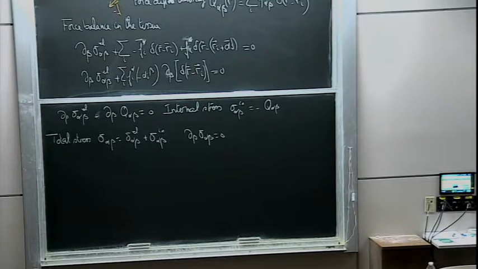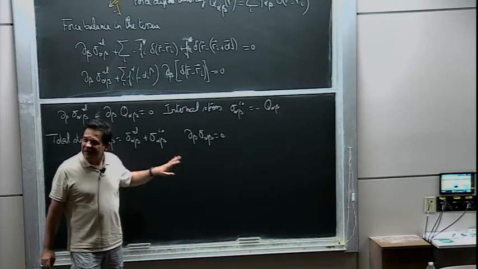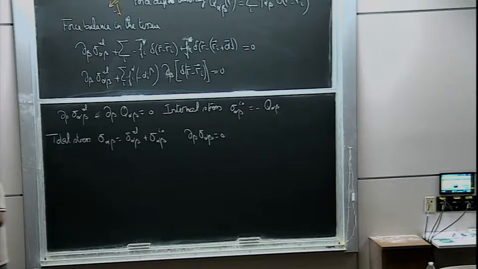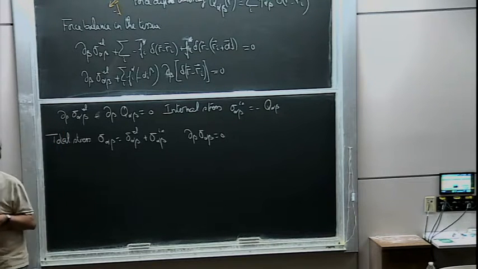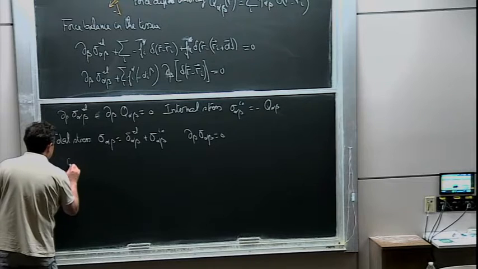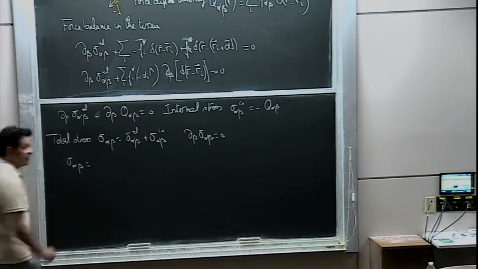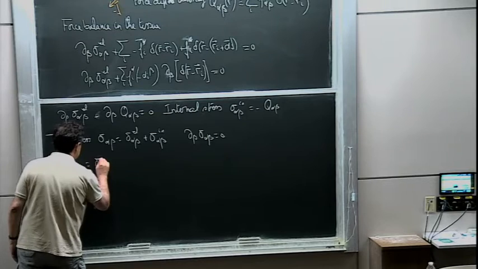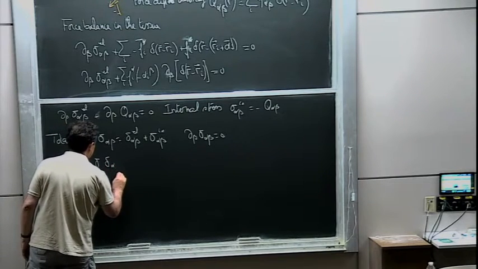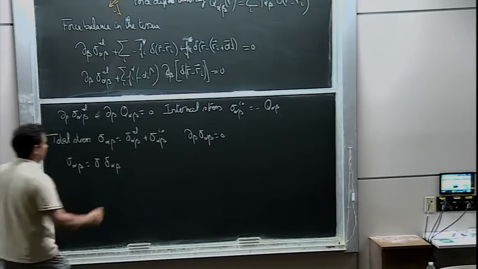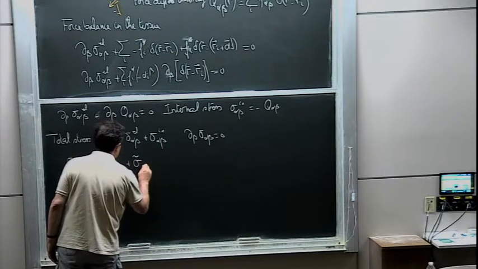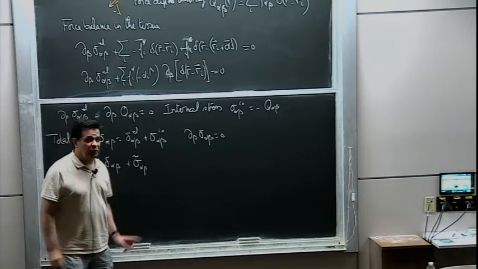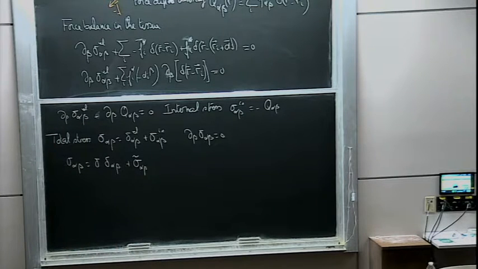So that's what force balance in the tissue gives me. What I want to do now is discuss these two terms and see what this equation leads to. In order to do that, I will separate the stress into two components. One is a diagonal component, and one is a traceless component. So I will write the total stress as σ_αβ equals σ δ_αβ plus a term that I call σ̃_αβ, and I will impose that σ̃_αα, which means the trace of this stress here, is equal to 0.